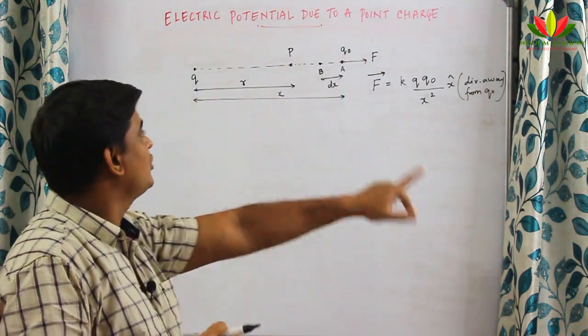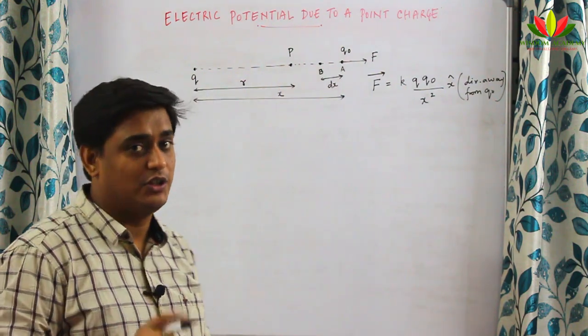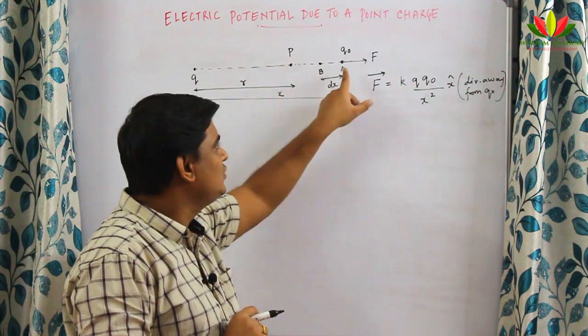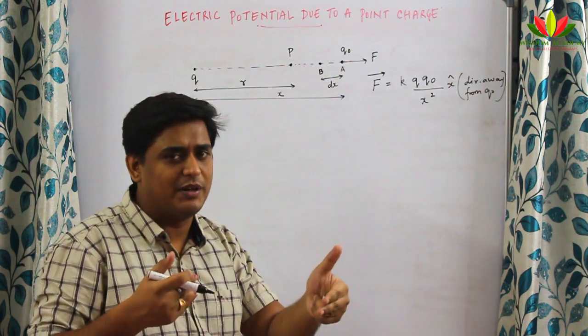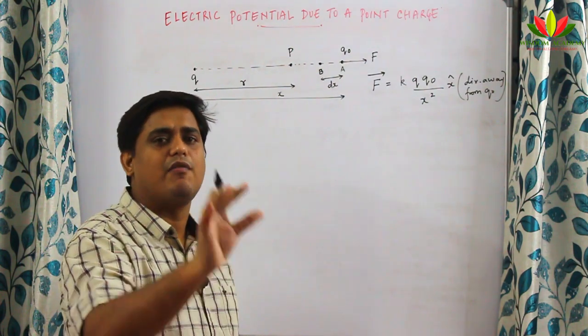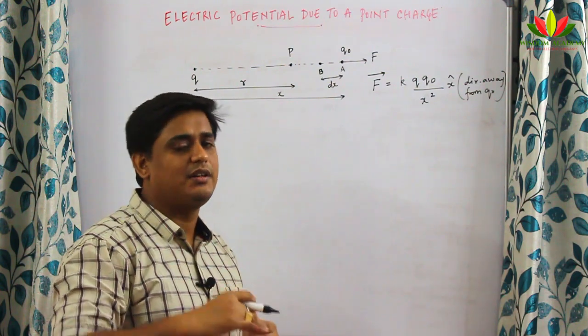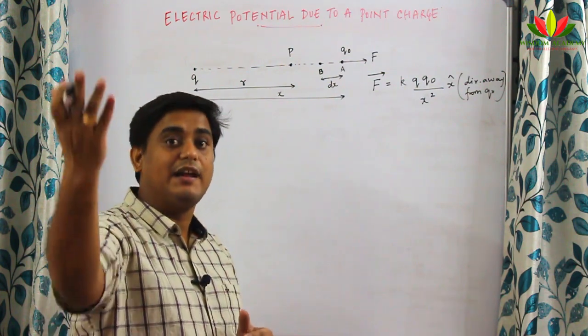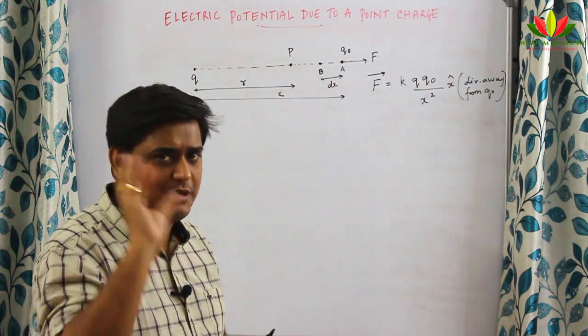The limit is from infinity to this point r, and I will get the whole expression of electric potential. So once again, I will move this test charge from A to B, which is at a very near distance from it. For a very small distance, I will find a small work done. Then I will integrate from the lower limit to the upper limit, that is from infinity to r, and I will get the expression of electric potential at the point P.